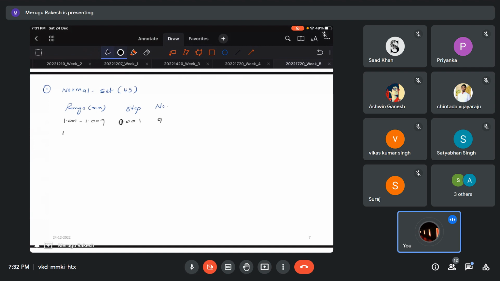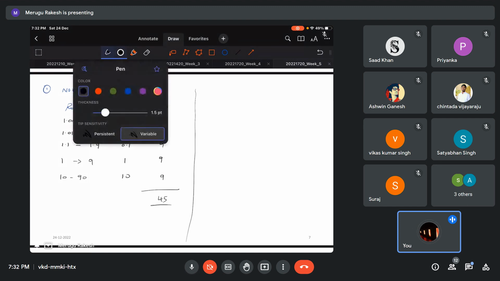Then 1.01 to 1.09, the increment is 0.01, again 9. Then 1.1 to 1.9 is 0.1, these are also 9. Then 1 to 9.